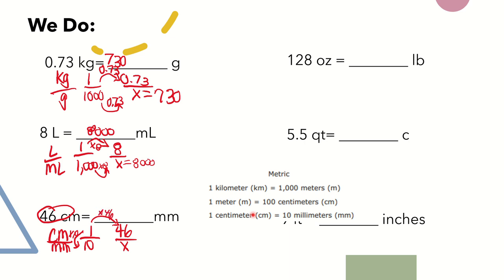So if I go 10 times 46, it would give me 460. So in this case, we know that 460 millimeters is equal to 46 centimeters. Let's go ahead, let's jump straight into customary.